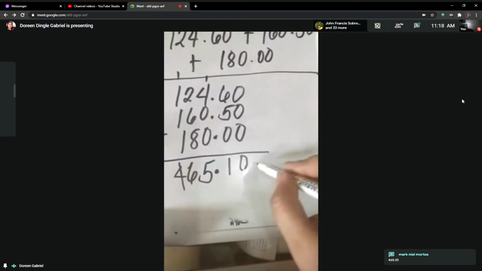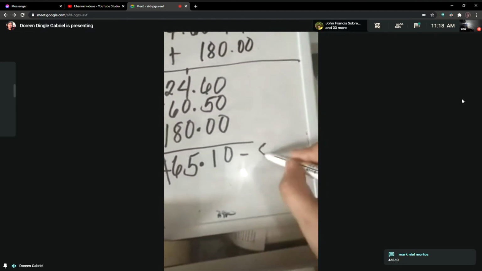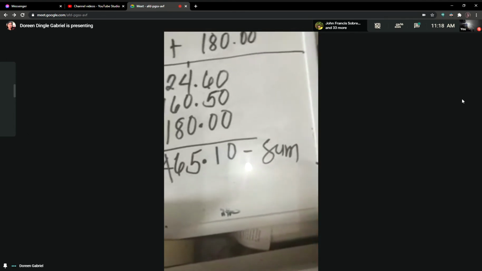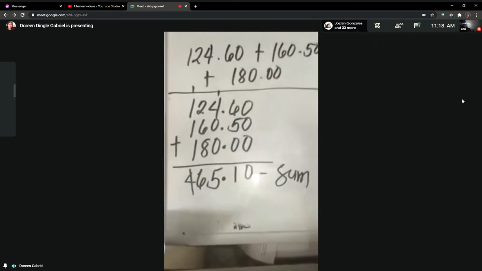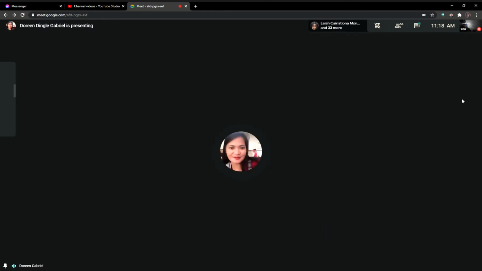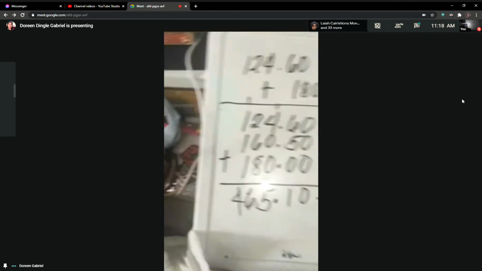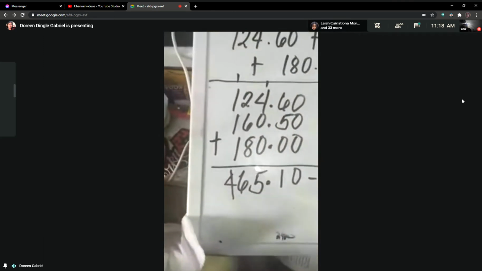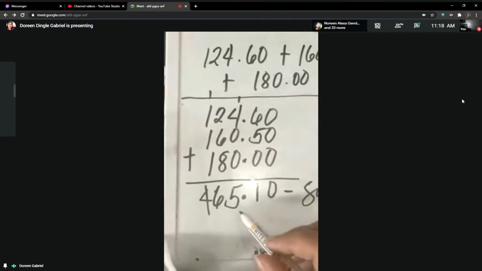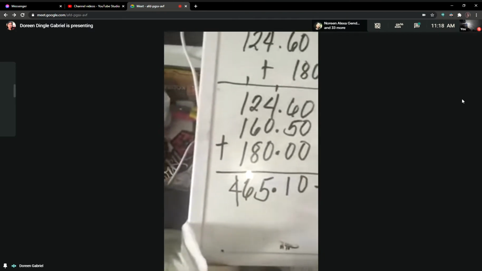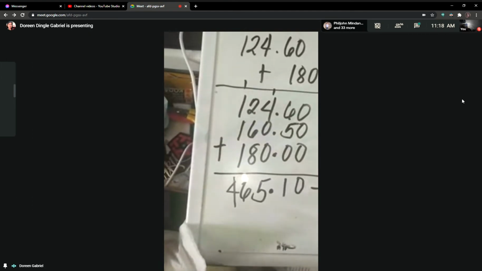So the sum po is 465 pesos and 10 centavos. So that is your sum. Pero the problem is how much daw. Okay. So in order for you to know how much is the remaining money to buy for the other needs, you are going to subtract the sum from the money of mother, which is, how much is that?